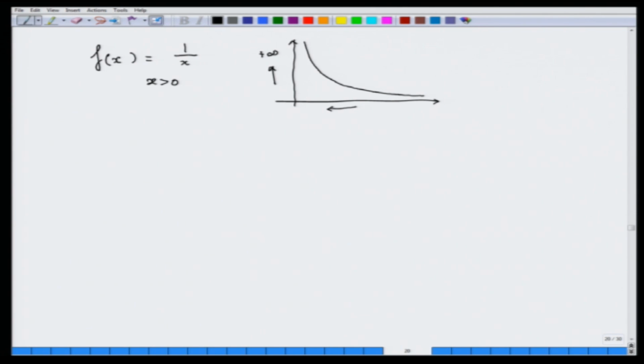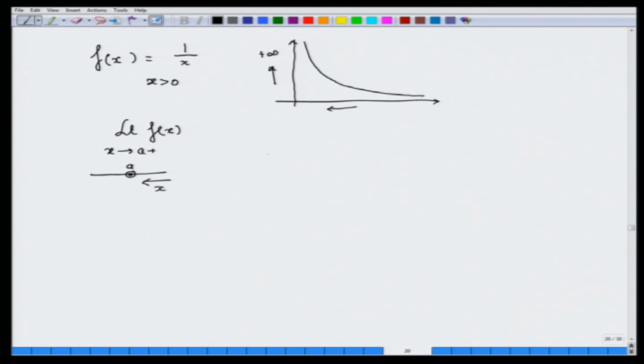But let me explain something very important. When you are talking about a limit, there is also a concept of left limit and right limit. You first have to look at where the function values are going when x is coming to A from the right side. You do not take A itself. This is called the right limit.